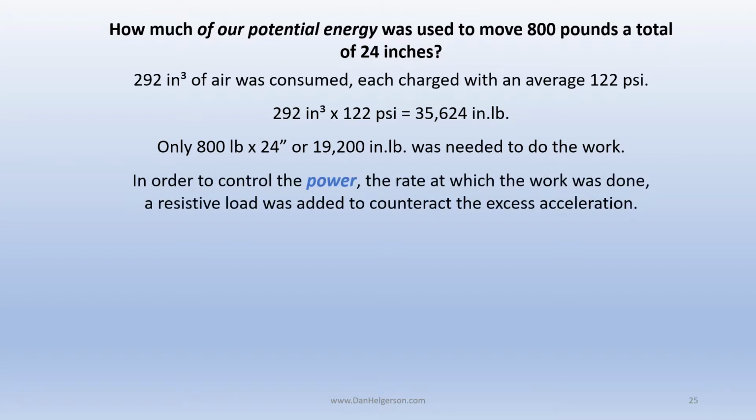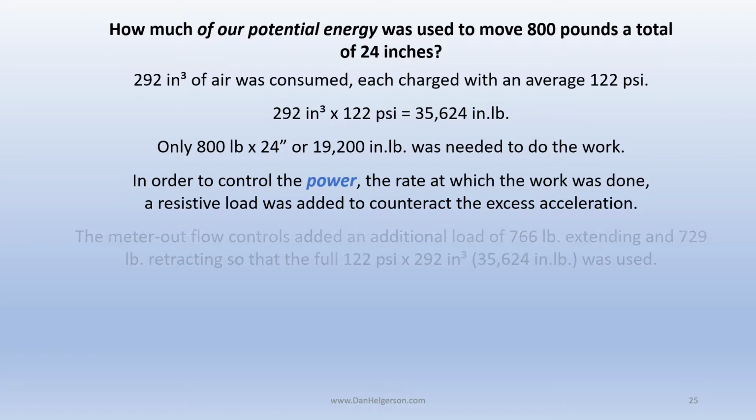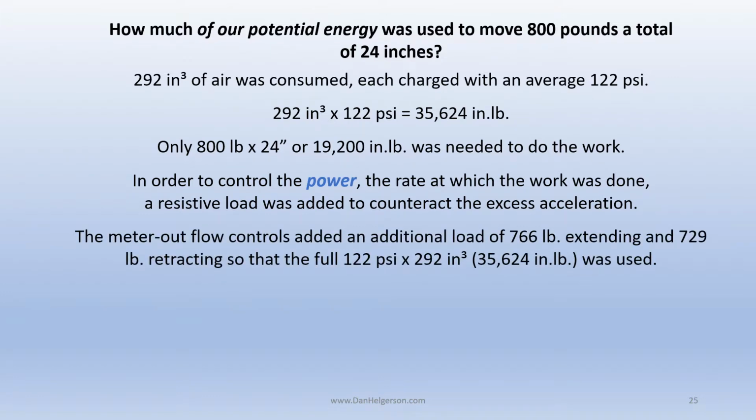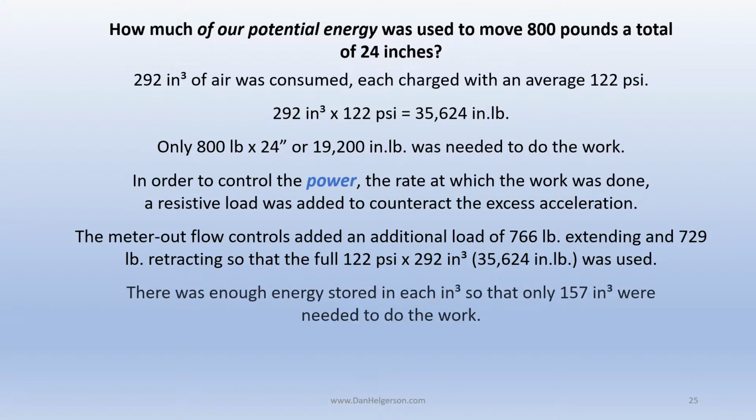In order to control the power, the rate at which the work was done, a resistive load was added to counteract the excess acceleration. The meter-out flow controls added an additional load of 766 pounds extending and 729 pounds retracting, so that the full 122 psi at 292 cubic inches, or 35,624 inch-pounds, was used.